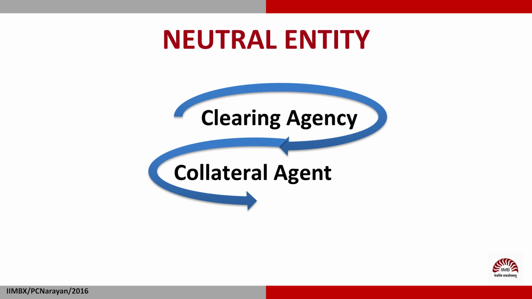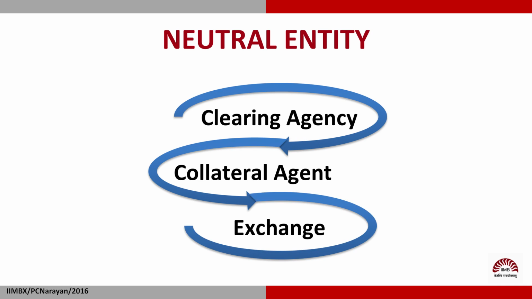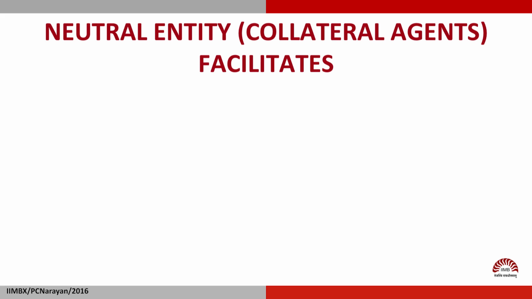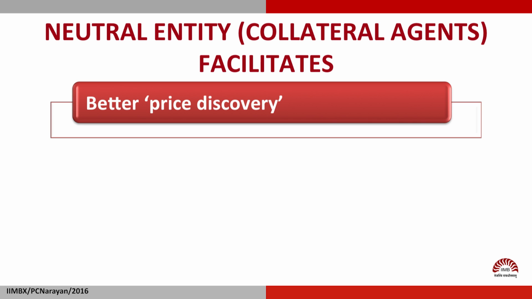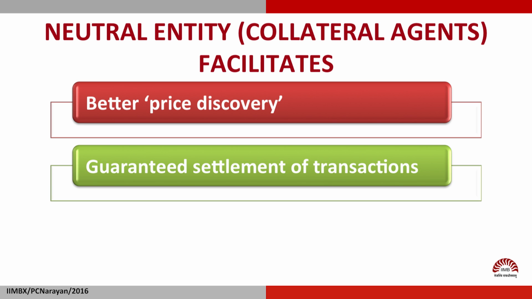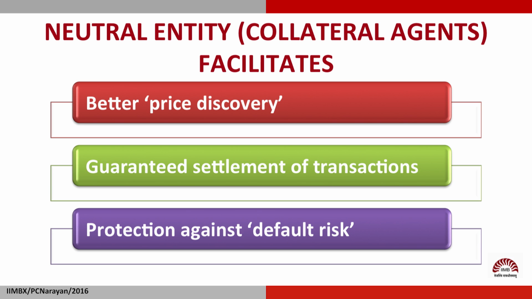In some markets, this neutral entity also plays the role of an exchange to facilitate anonymous secondary market trading in CBLO transactions. This in turn facilitates better price discovery, guaranteed settlement of transaction, and protection against default risk by either counterparty.